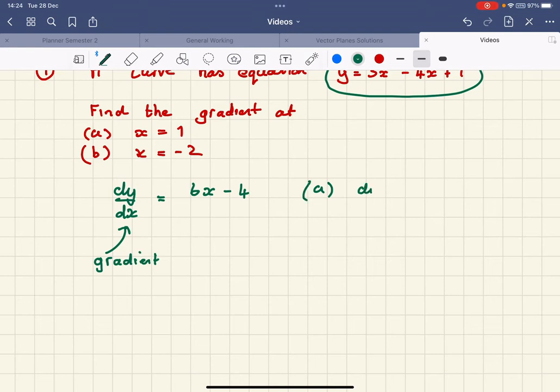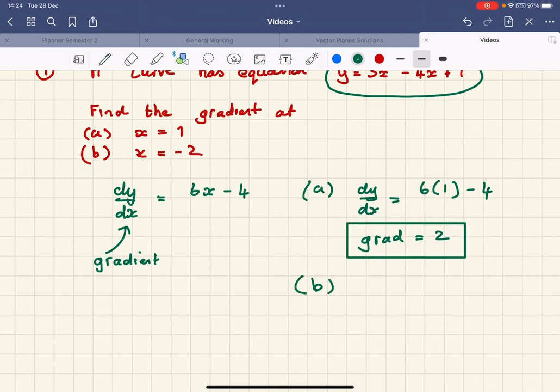So if we say that dy by dx equals 6x minus 4, but when x is 1, I'm going to substitute 1 in there and take away 4. So the gradient is 6 take away 4, which is 2. So that's our first one. We can just put a little box around there and say there's our first answer.